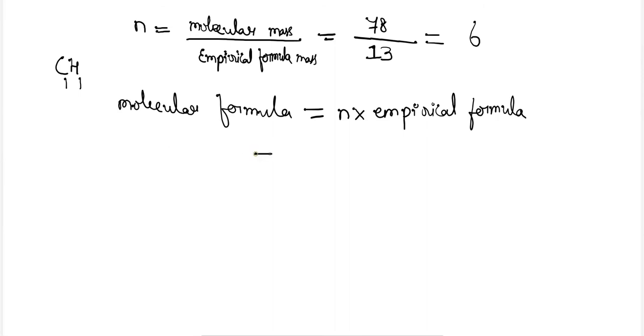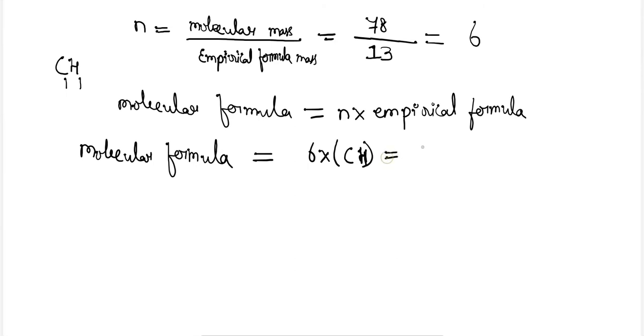So here the molecular formula for the required compound will become 6 into CH. So it will become C6H6. Now let's take another example and solve it.